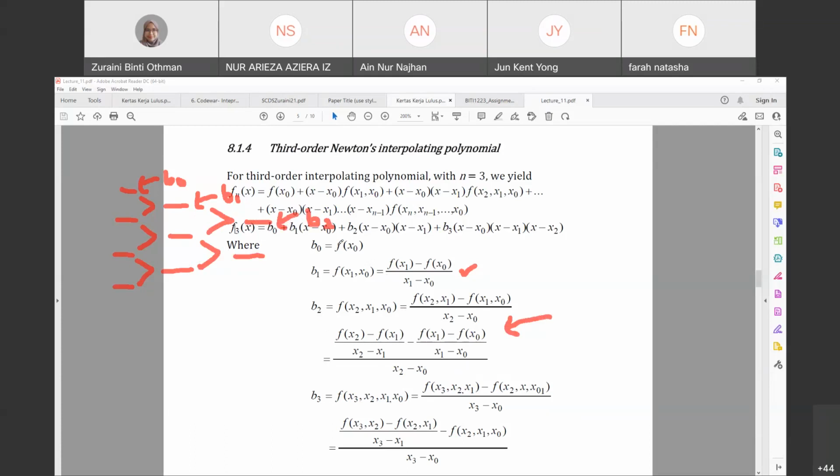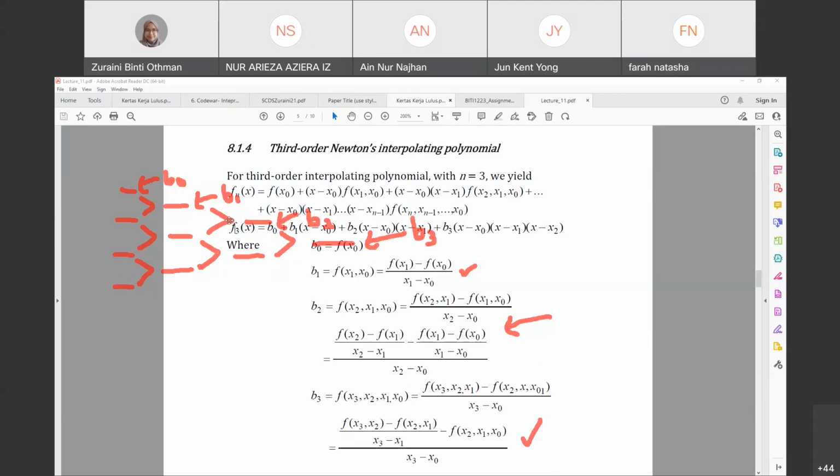Actually, it is the gradient je kan. Okay, now from this new gradient yang you obtain just now, divide it by these two, then you get another data. This is as your B3. This is B3. And remember, kat sini bila dia bahagi, dia akan tolak dengan, nampak tak yang paling besar dia X3 tolak X0, X3 tolak X0.